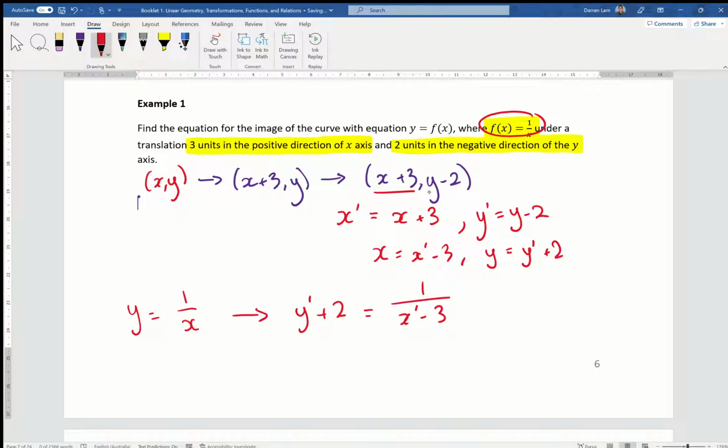In other words, y dash equals 1 over x dash minus 3, minus 2. Now, if you remember your stuff from function families from last year, you'll note that that is a translation of 2 units down and a translation of 3 units to the right.